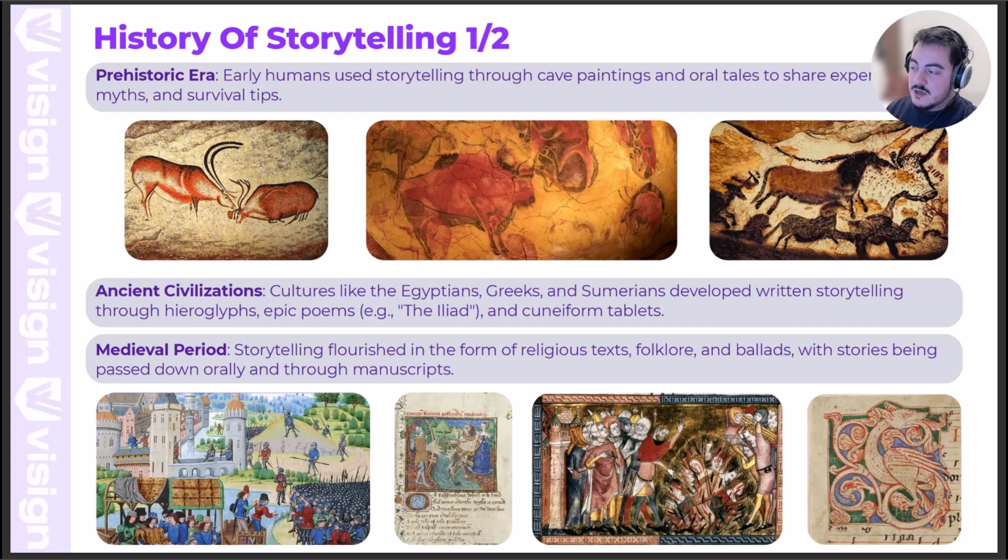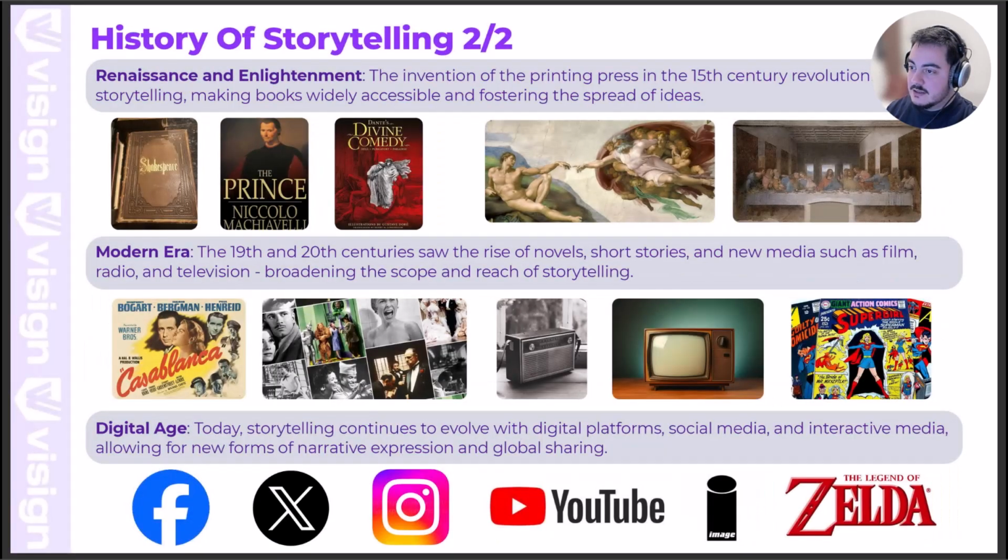What you see on the screen are some visual examples of that type of storytelling that was depicted in that period of time. As you can see, you have images plus text, and this still exists today. It is so old, but it still is applied and exists today.